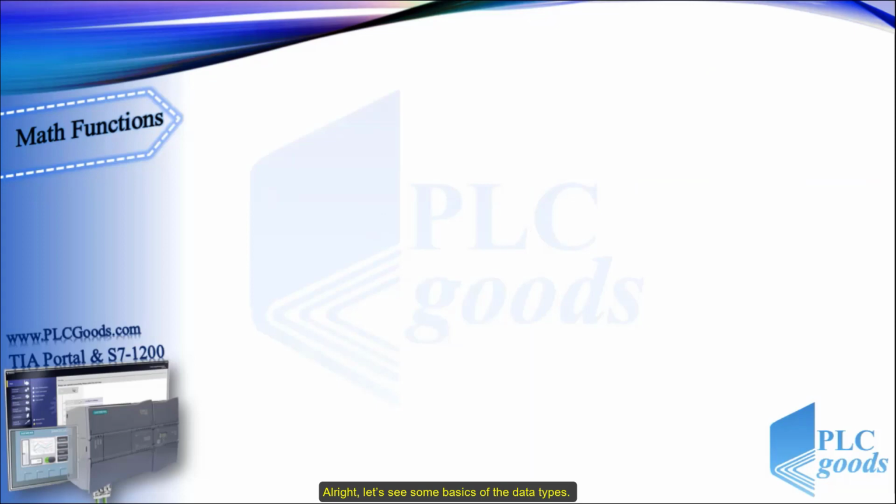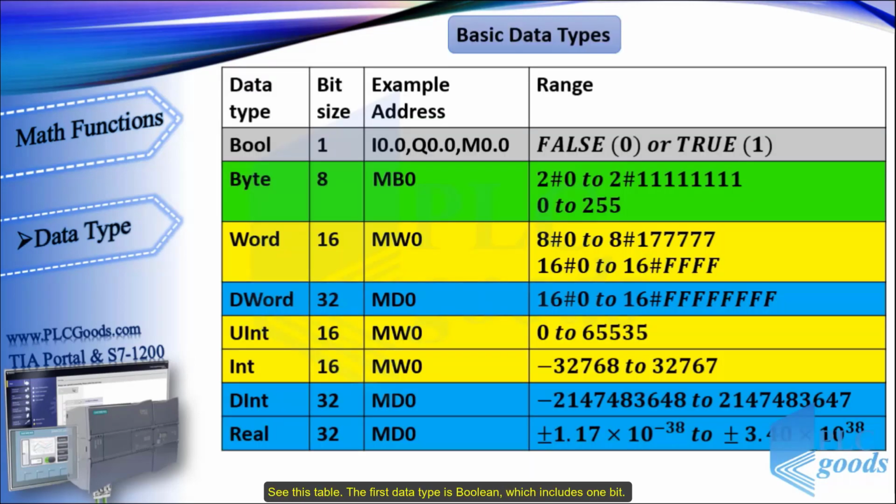Alright, let's see some basics of the data types. See this table. The first data type is Boolean, which includes 1 bit. 1 bit has 2 states. It can be used to represent if a digital input-output is true or false, or on or off.